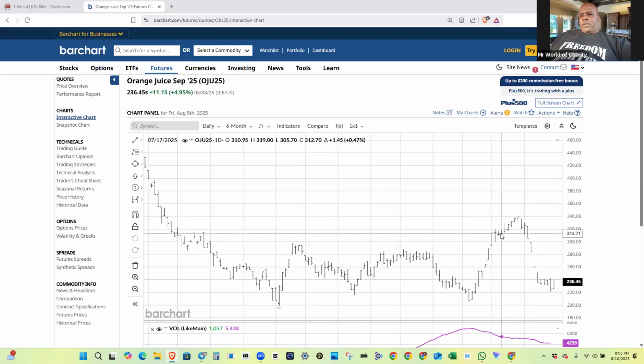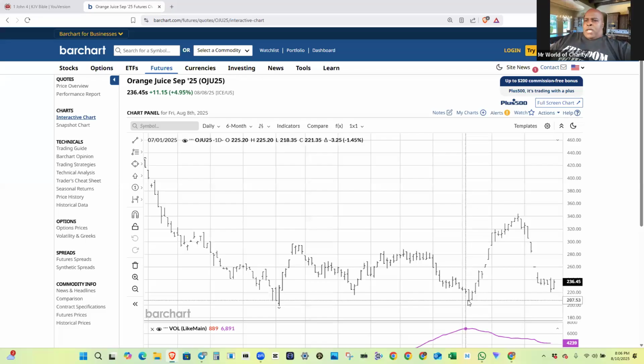All right, so 312 was a 50% retracement. But if we take that uptrend where the market traded up to 312 from down at the bottom, can you put your cursor down at the bottom, Barbara? Right over to the right. Right here, yeah. All the way back over. Right there.